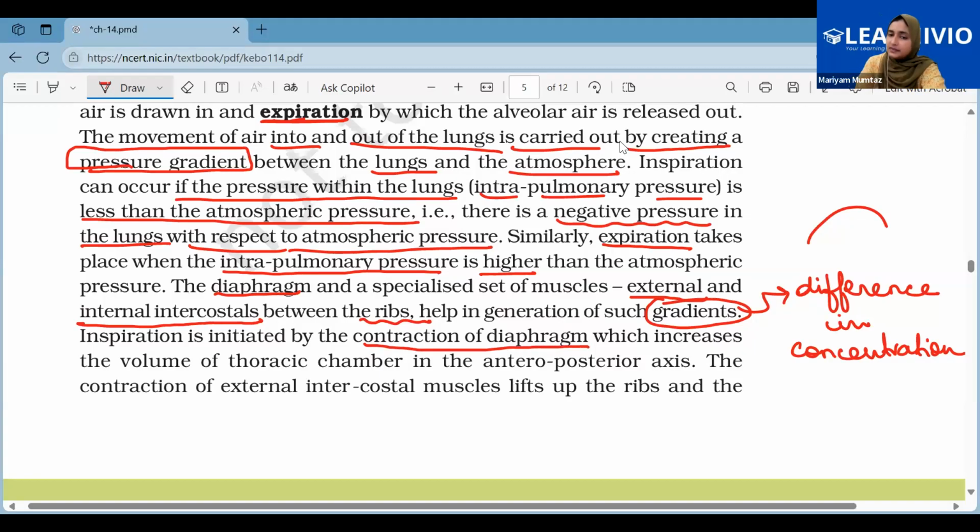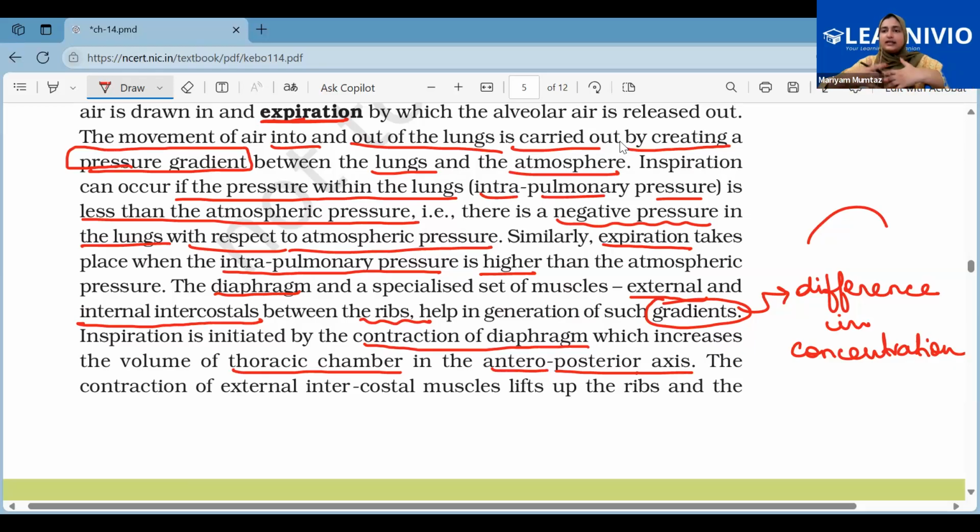So for inspiration, meaning for our breathing in, the diaphragm flattens, because of which the volume of the thoracic chamber increases in the antero-posterior axis. Antero-posterior means towards the front side.